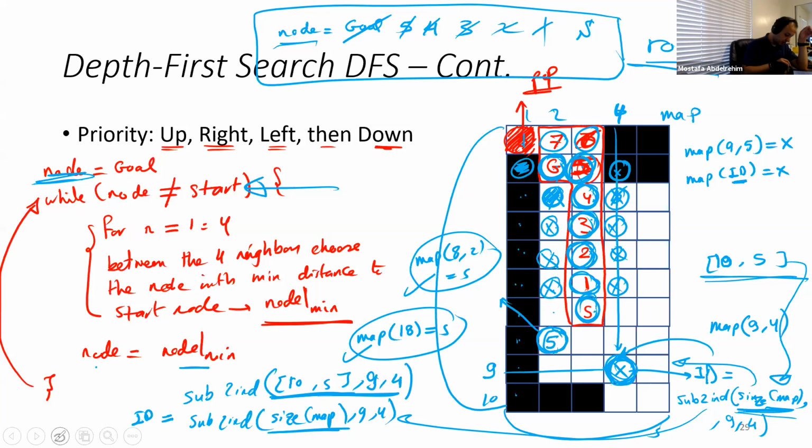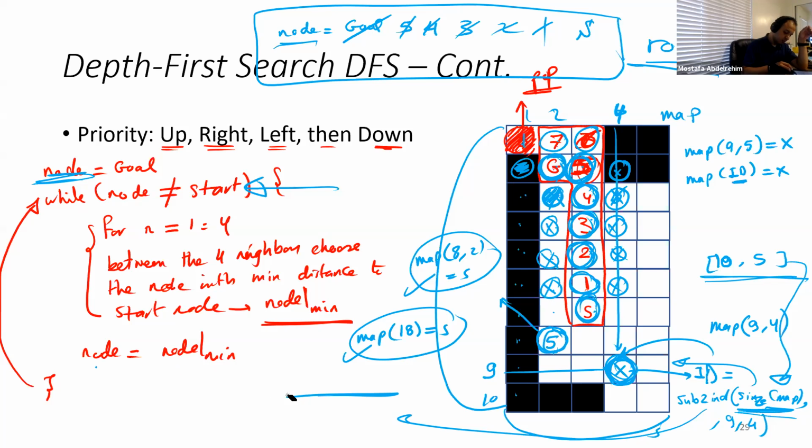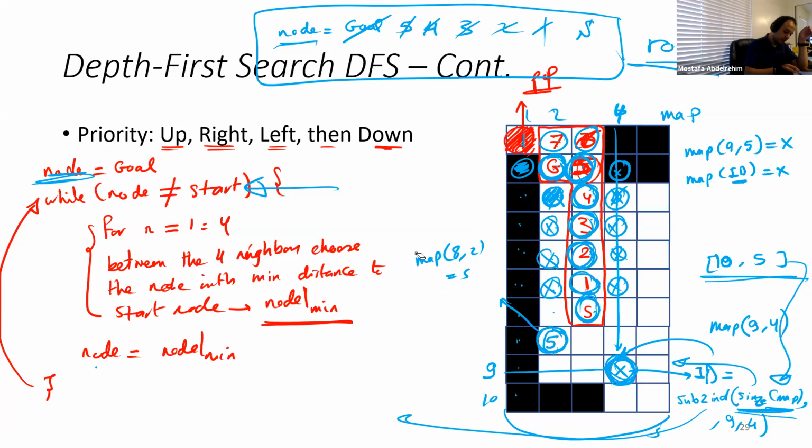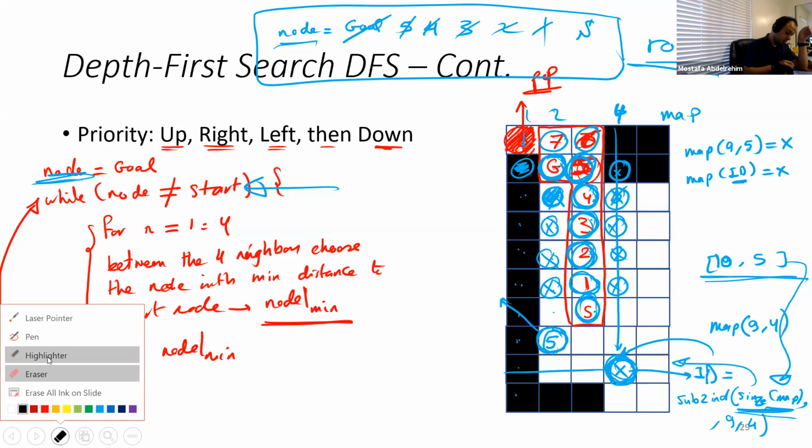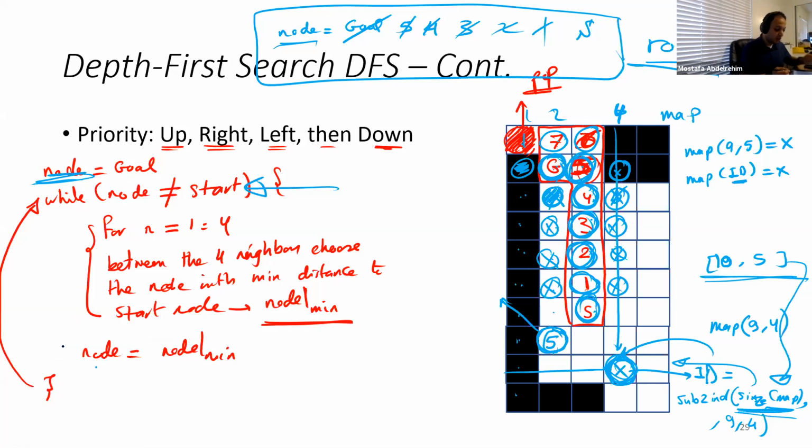Let's clear something. Let's say we stop here, and we have this node and this node.